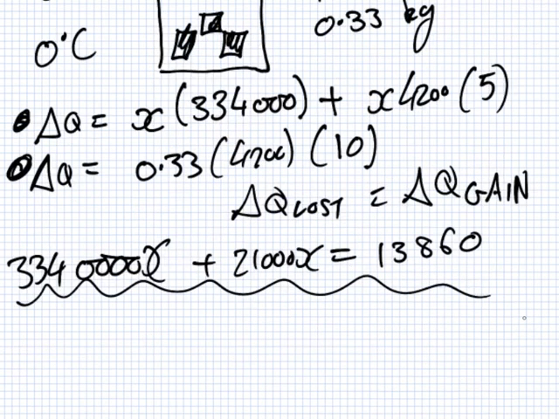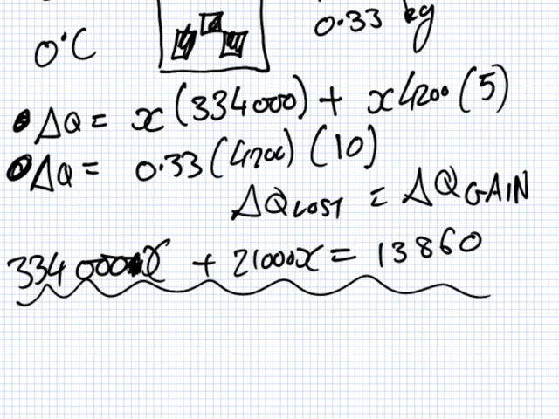So let's calculate. Are your zeros alright? Something does look wrong. Are you sure it's 334,000? There are four zeros.